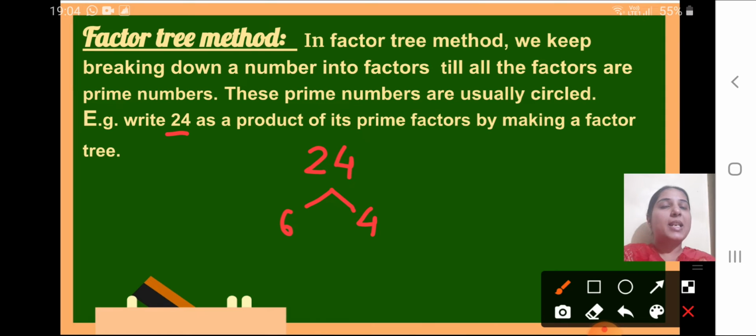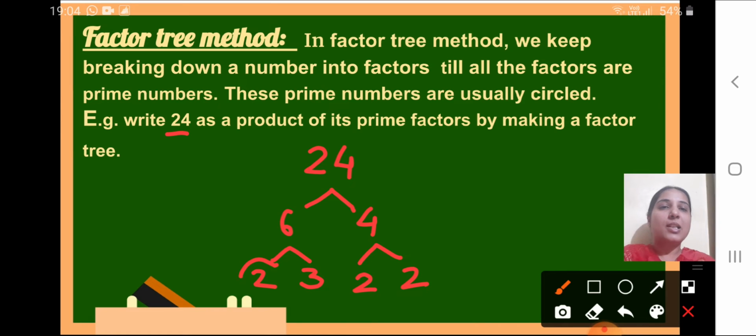Now this number 6 is a composite number. We have to keep breaking it till at the end we get the prime numbers. Now 6 can be written as the product of 2 and 3. 2 3s are 6, and 4 can be written here as 2 2s are 4. Now this 2, 3 and again 2 and 2, these are prime numbers.